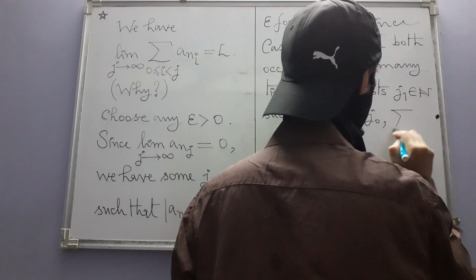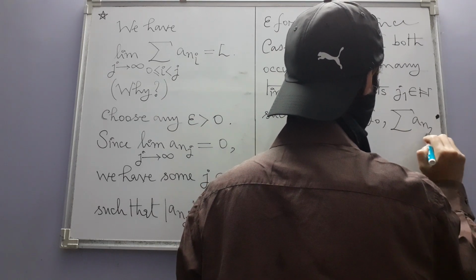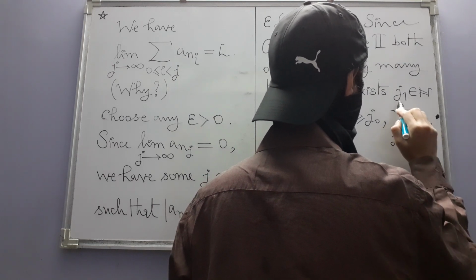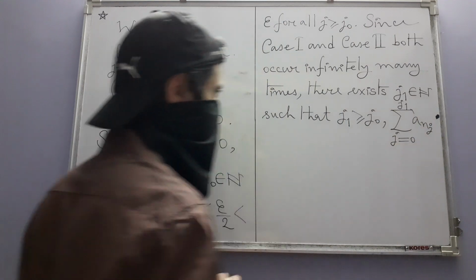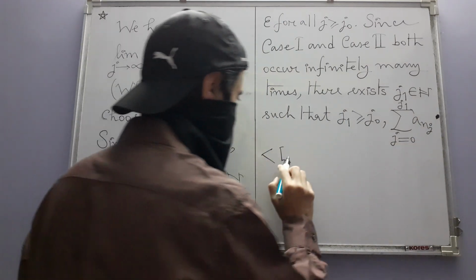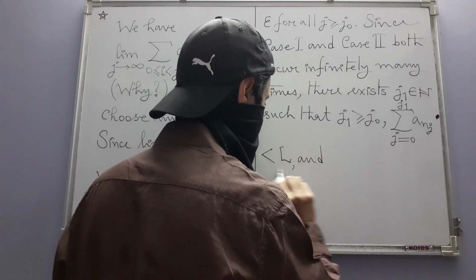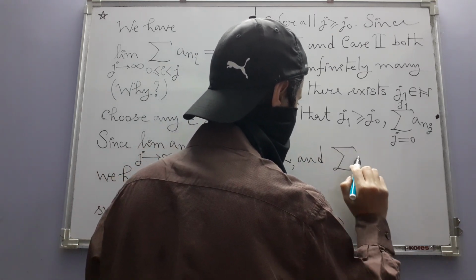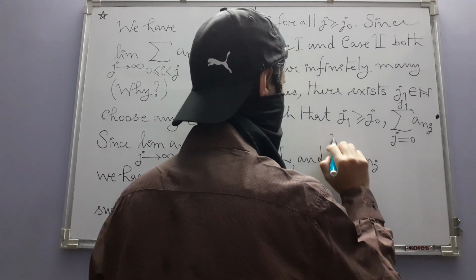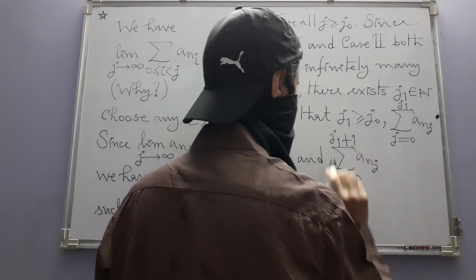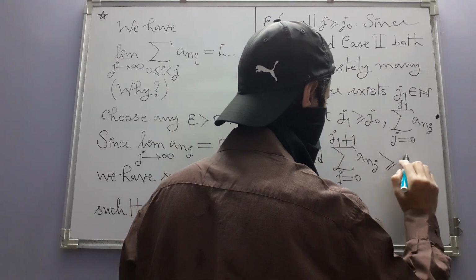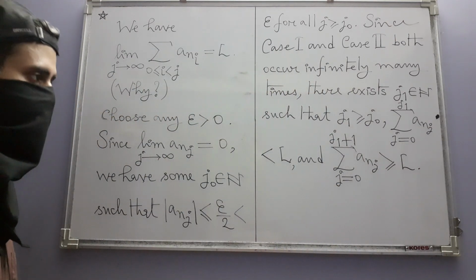The sum of the terms a n j, as j varies from 0 to j1, is less than L, and the sum of the terms a n j, as j varies from 0 to j1 plus 1, is greater than or equal to L.